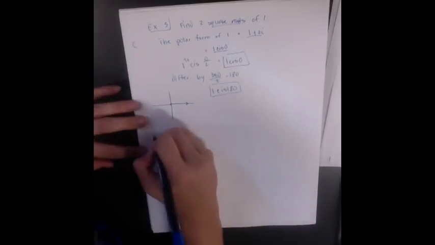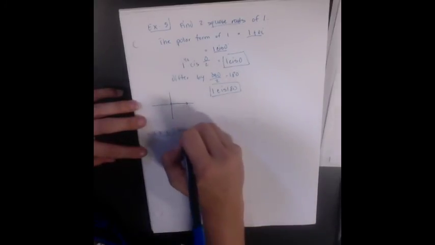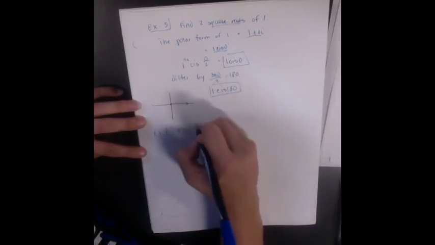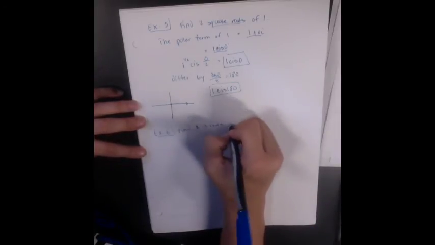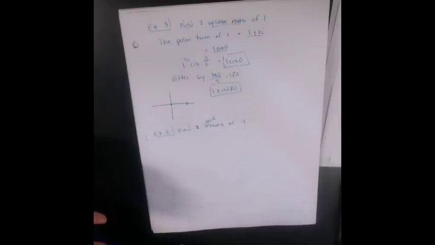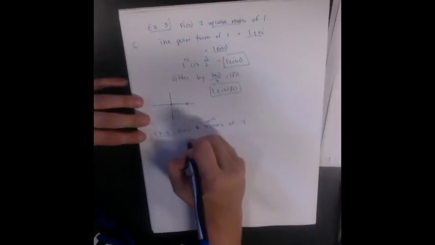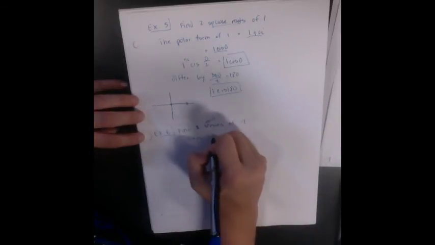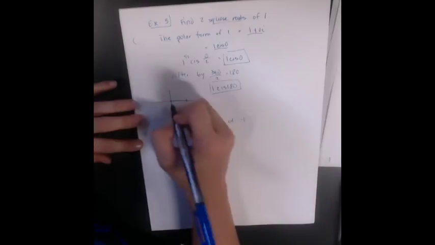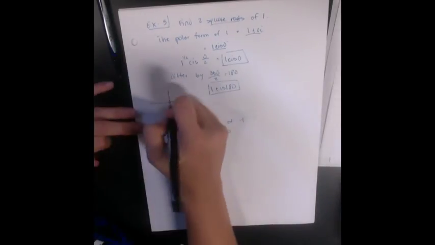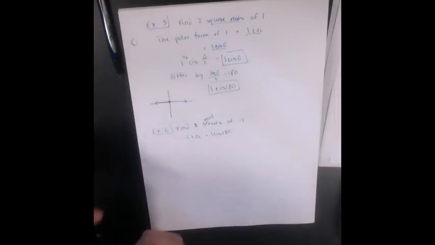Okay, let's do another example. Let's do the opposite. Find 3 roots of -1. Third roots of -1. So we write -1 in rectangular form as -1 plus 0i. In polar form, this would give me 1 cis 180. If we go back to this picture up here, we know that the cosine is -1 this way.